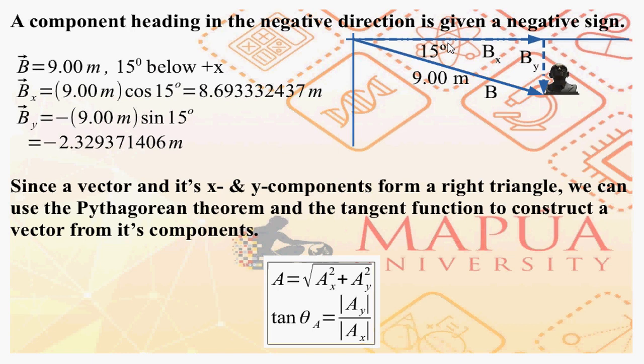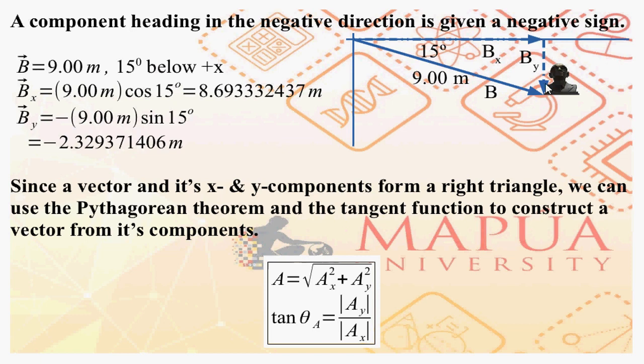If we use the sine function, sine 15 degrees is opposite over hypotenuse. Opposite is by, the y component. The hypotenuse is 9 meters, so you have by over 9 meters. Isolating by, you get by is equal to 9 meters sine 15 degrees.